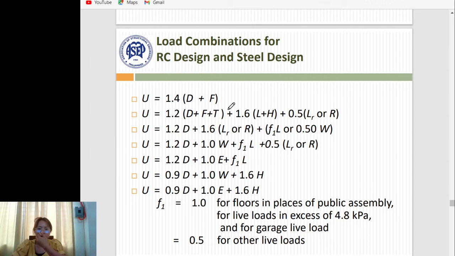And the T. So it becomes 1.4D, then 1.2D plus 1.6 live load plus 0.5 roof live load, no? Or 1.2 dead load plus 1.6 live load, no? So these are the load combinations.